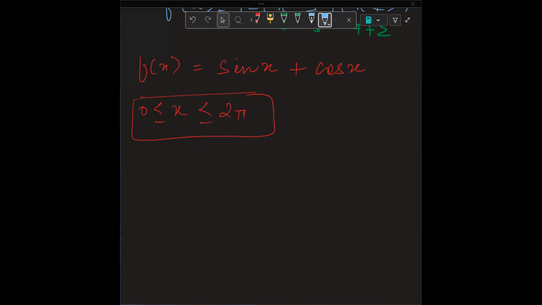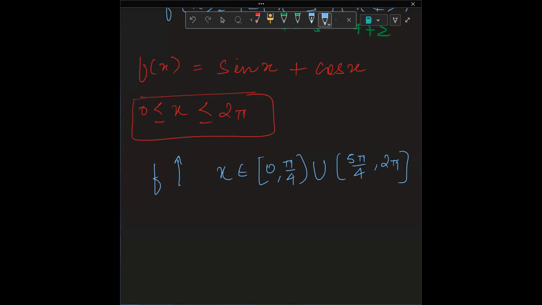So your function is increasing when x belongs to 0 to pi by 4, open bracket, union 5 pi by 4 to 2 pi. Is it correct? Yes, sir.